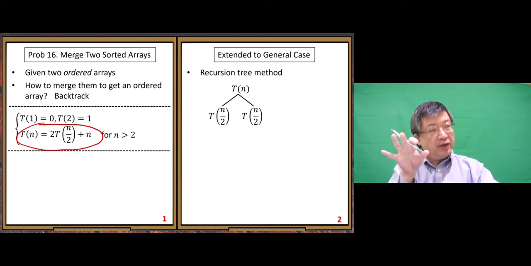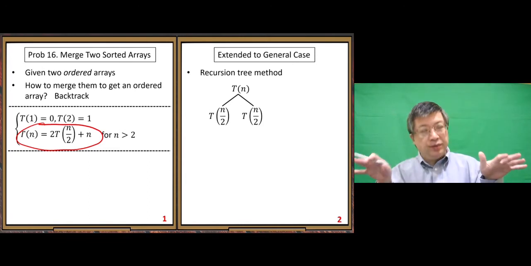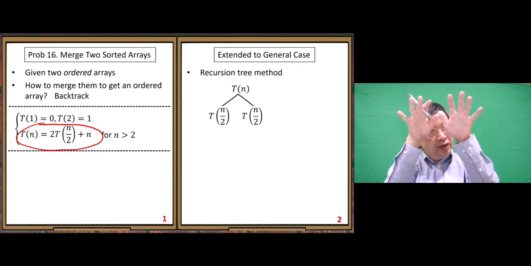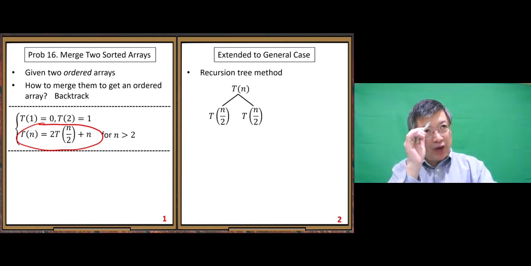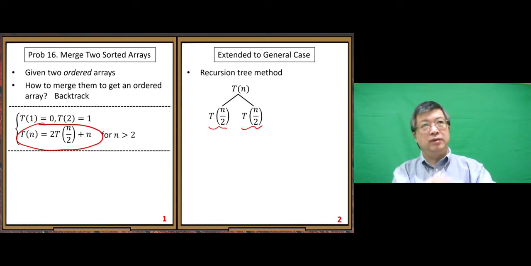So we split the root node into two branches, two subproblems. Each one's cost we put as the child nodes.